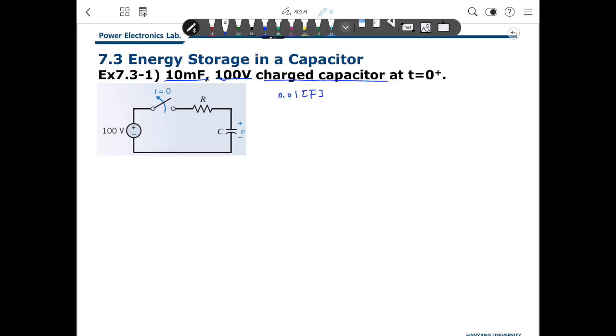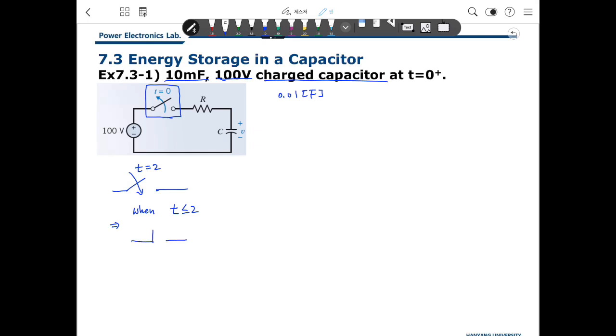To solve the problems, we need to know these symbols. There is a switch. If it looks like this, then it is written here, T equals 2, for example. That means when T is smaller than 2 seconds, this switch is open.